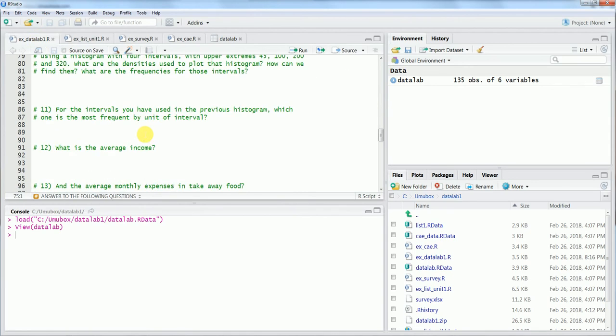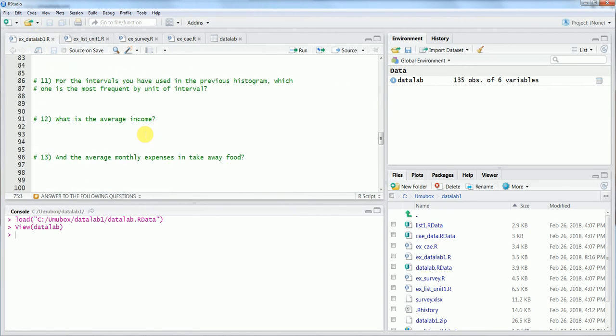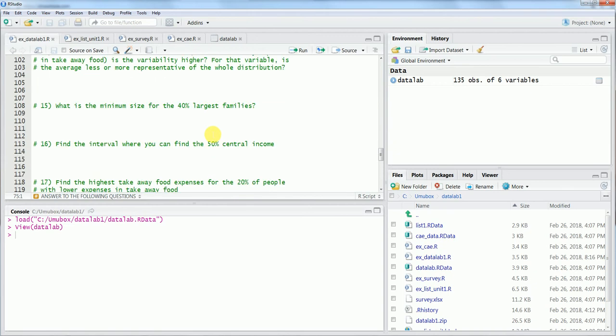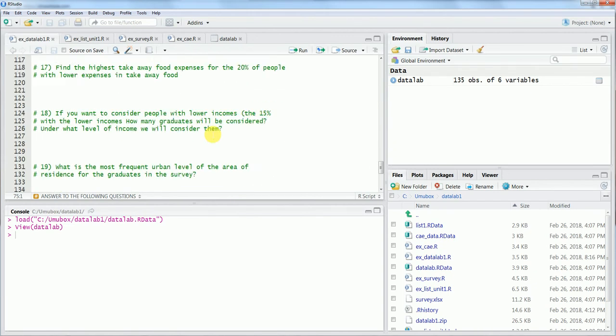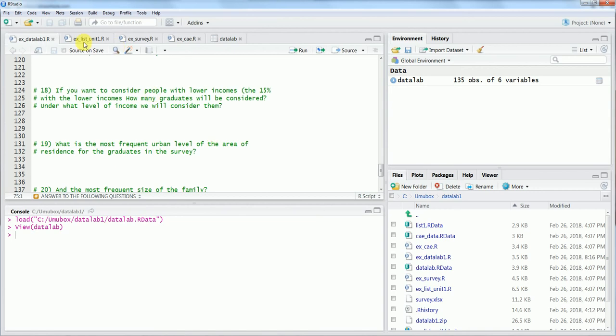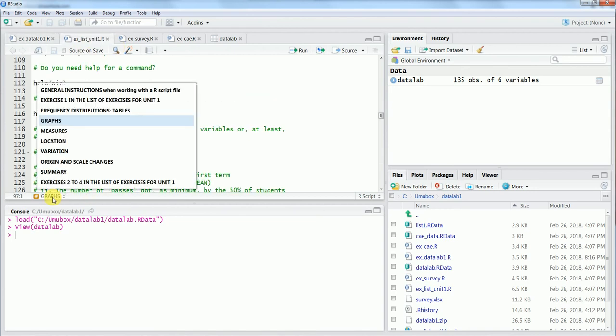If going further, you will see that in questions from 12 on, you will have to find mean, coefficient of variation, and quantiles, maybe the mode, and so on. So for those, remember that you have also here information about these measures.